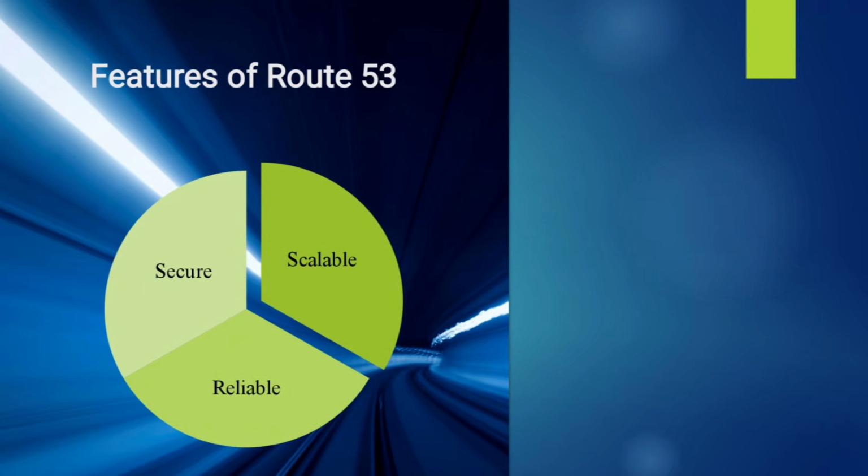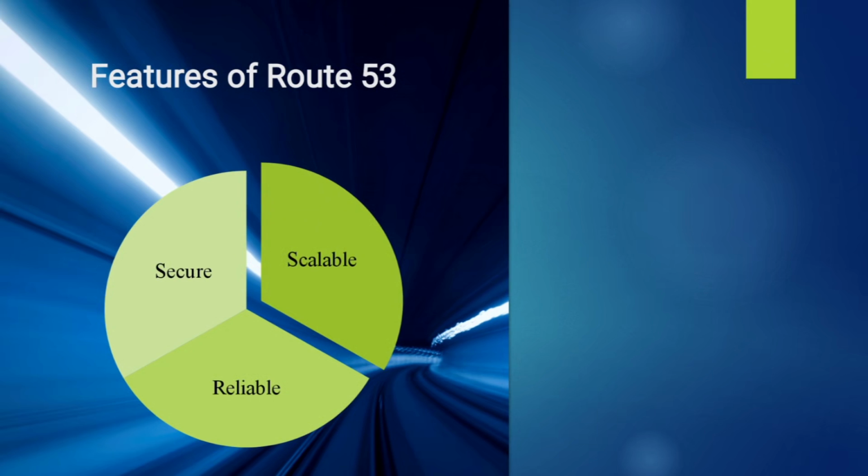Next, we can discuss the features of Route 53. There are so many features. Some of them are here. First one is secure. In the case of security, by integrating Amazon Route 53 and Identity and Access Management, you can grant unique credentials and manage permissions for each and every user within your AWS account.